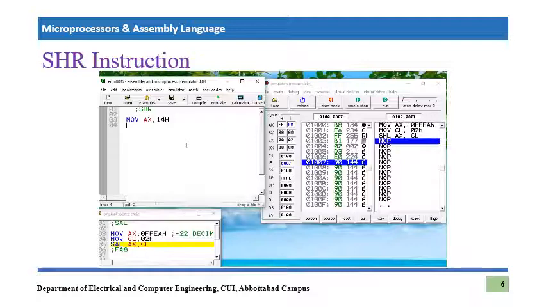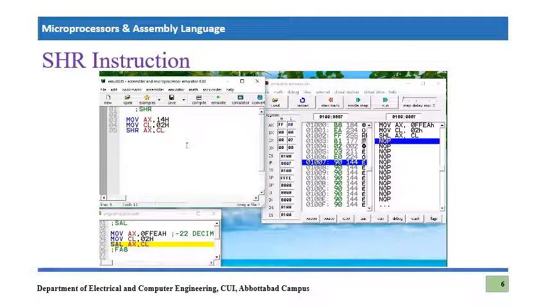It is 14 in hex, and then we divide by 4, so we will be using count equal to 2, because 2 power 2 equals 4. So 2 power 2 is 2, 02 hex. Okay, and now we are going to shift logical right AX with CL.